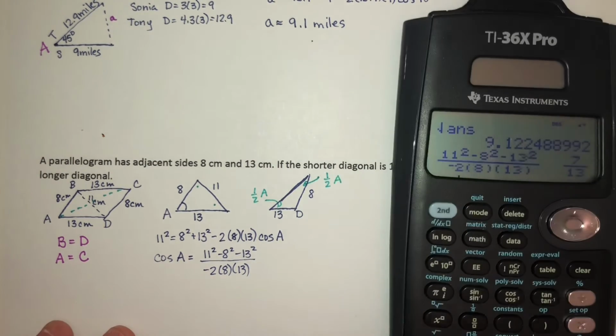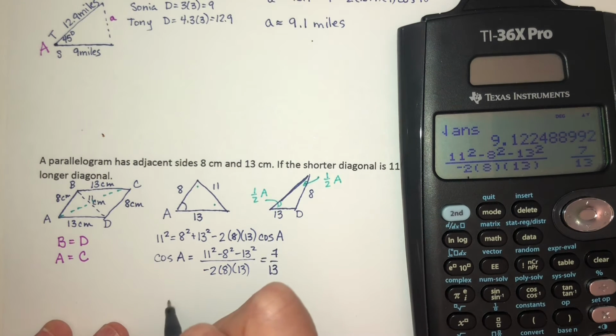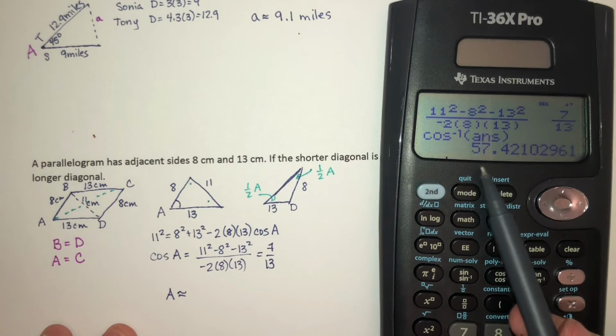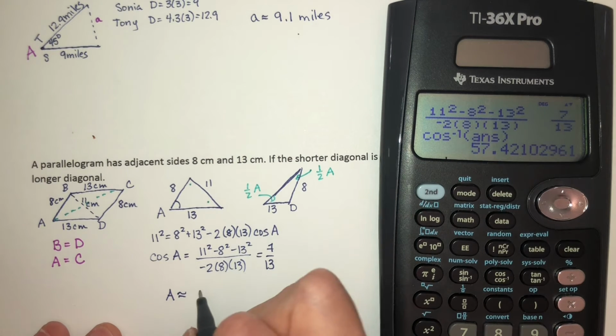And I get 7/13. And if you find cosine inverse of that, you get approximately 57.42, so on.